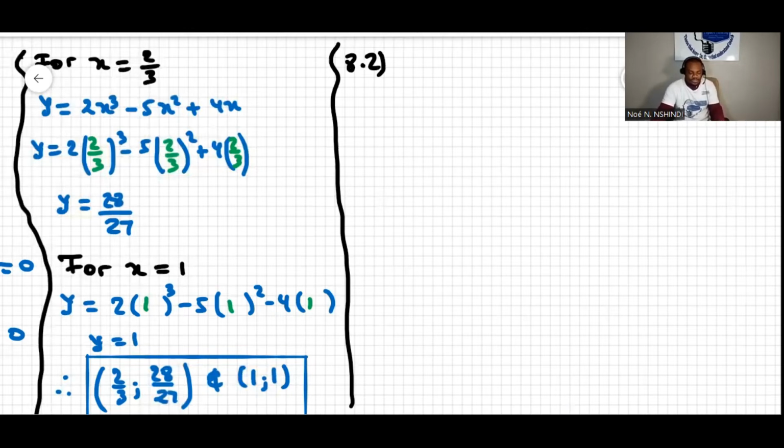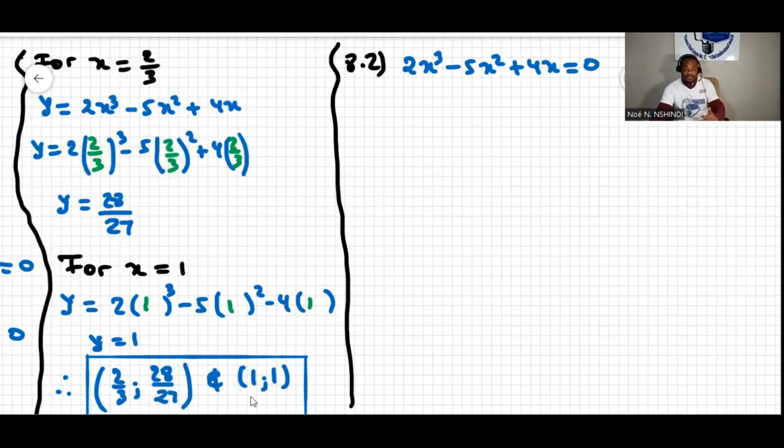How can we do that? First of all, we're going to solve this by factorization. The function is given by, we're going to set it equal to 0.